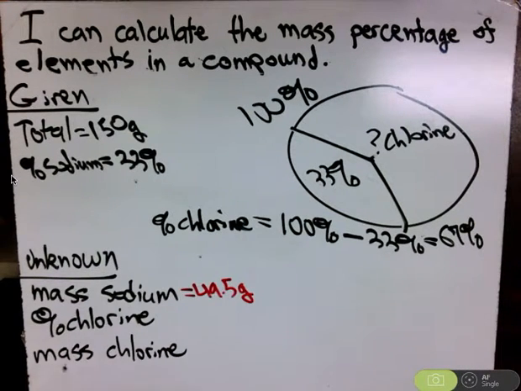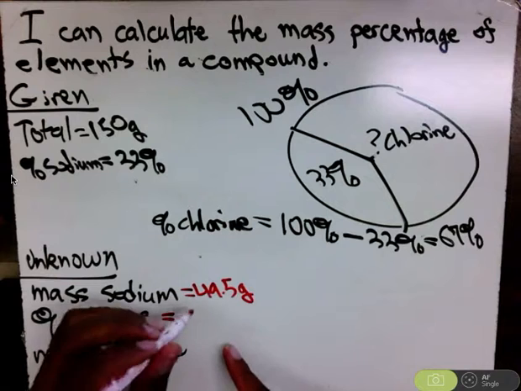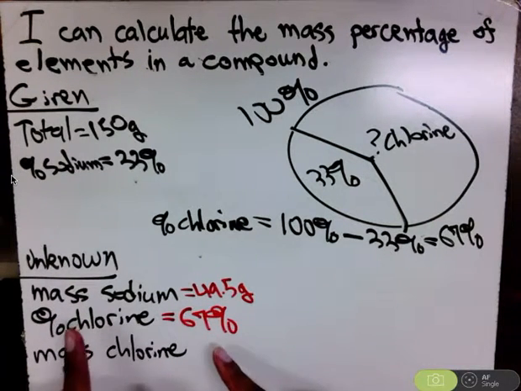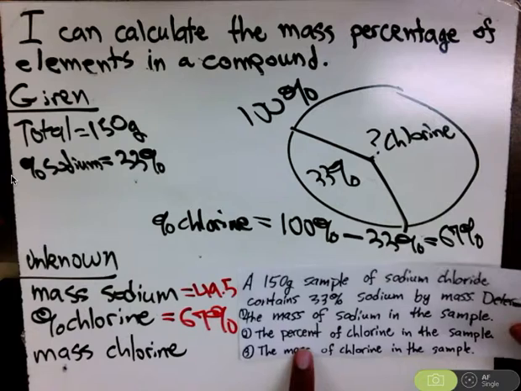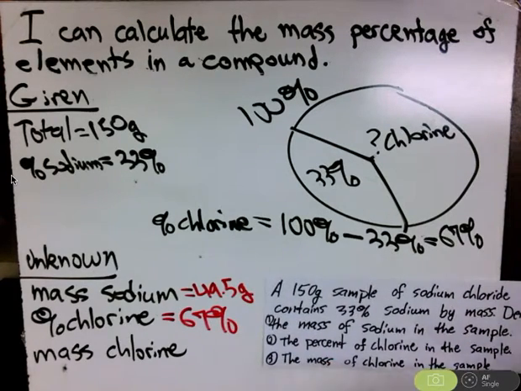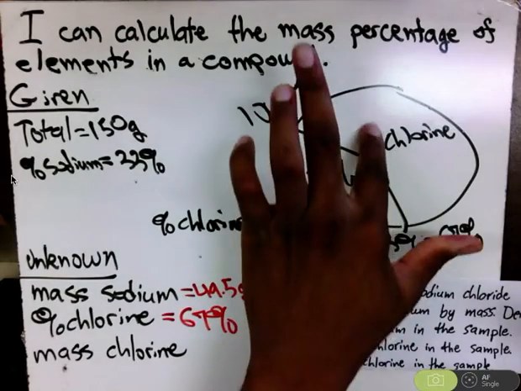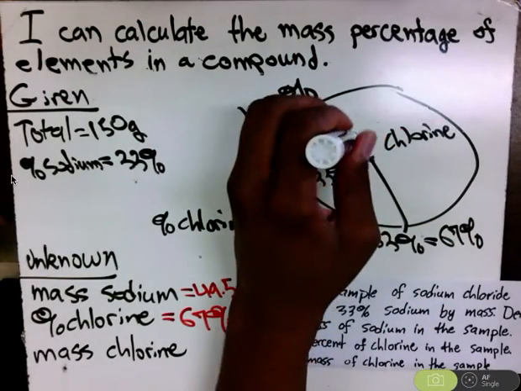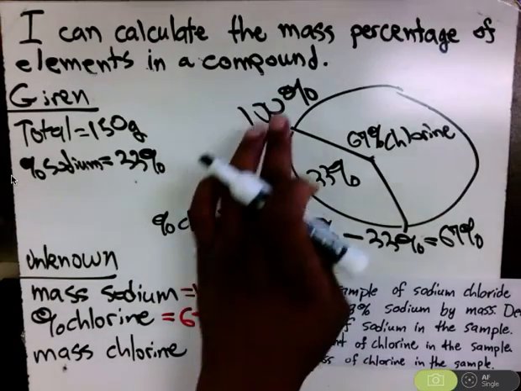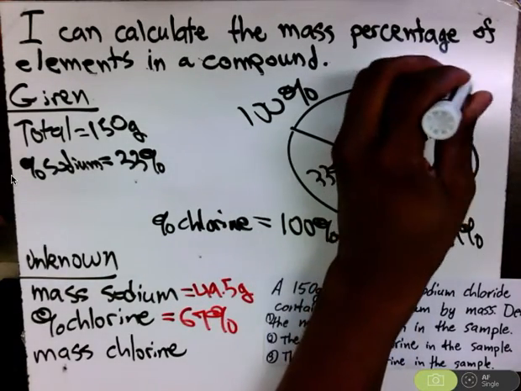So now I can put that down here, and now this is known. So now my final thing that I want to find is the mass of chlorine in the sample. That's the last thing that I want to find. So I know that this is 67%. Now, I know my total is 150 grams.